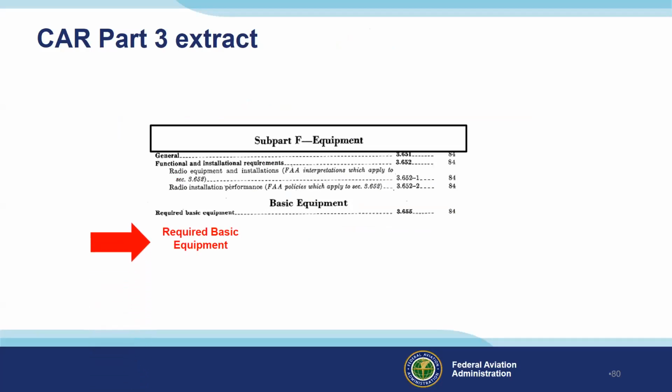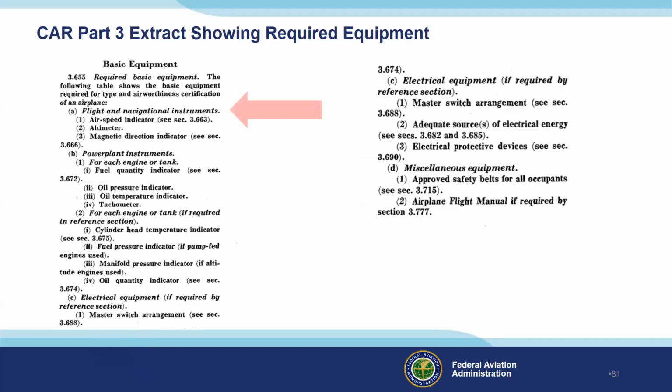Here is an extract from CAR Part 3. Required basic equipment for this Cessna 150 is in paragraph 3.655. And if we look at that paragraph, you can see the list of equipment that must be there: flight and navigational instruments, power plant instruments, oil pressure indicator, oil temperature indicator, and so on and so forth.